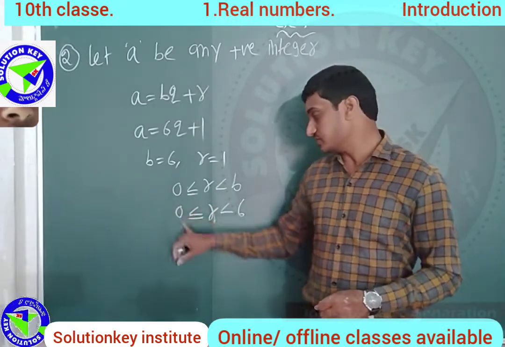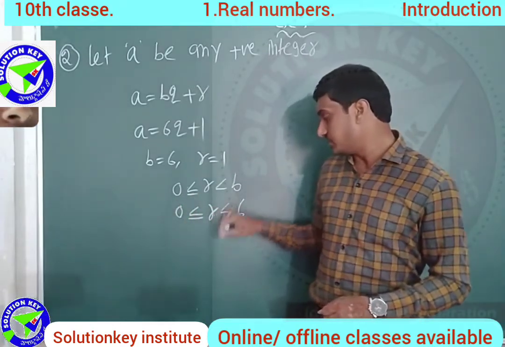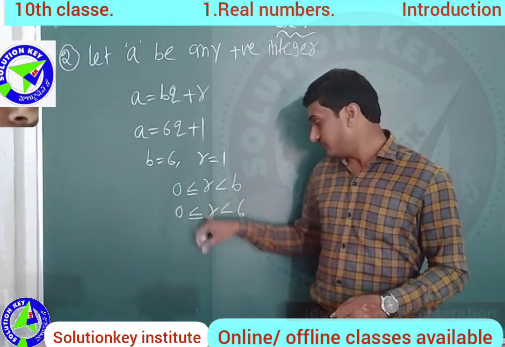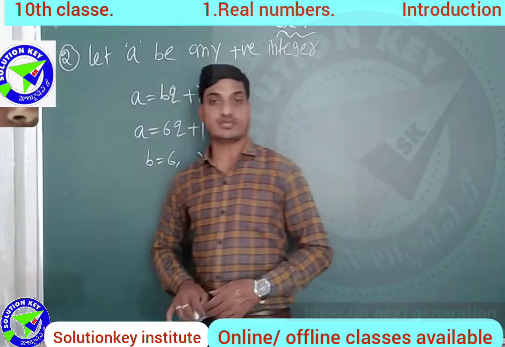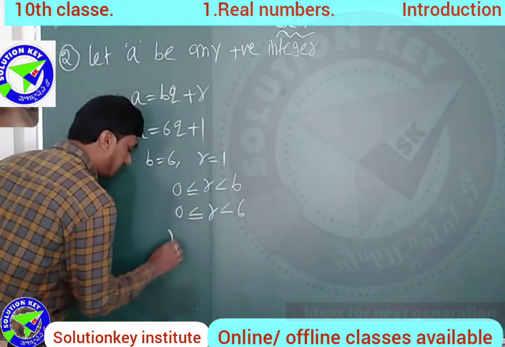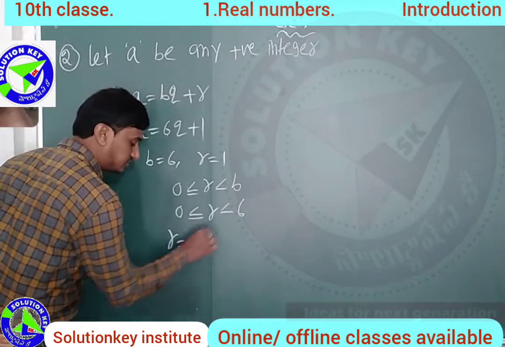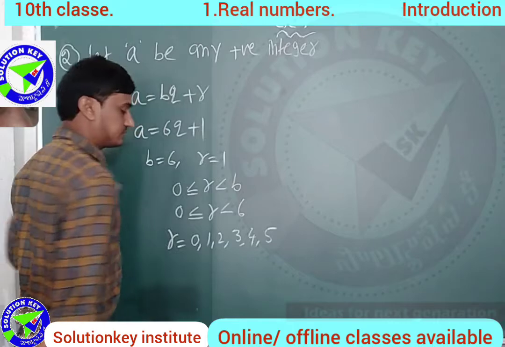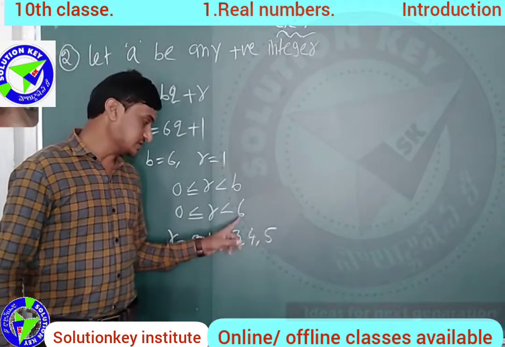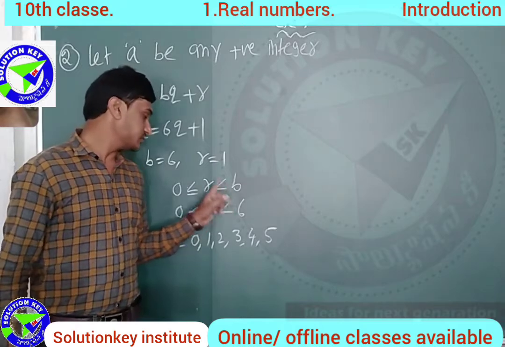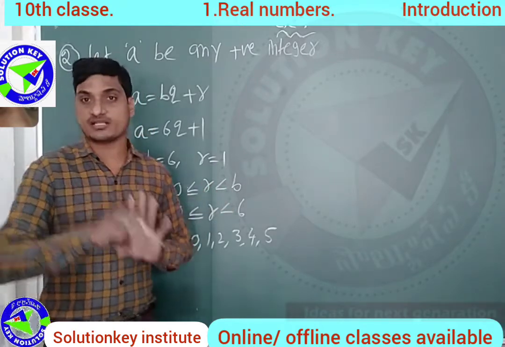Then 0 is the remainder and b is 6. Then what are the values of r? Less than 6 means r is equal to maybe 0, 1, 2, 3, 4, 5, not 6. Why? Because the remainder must be less than b.